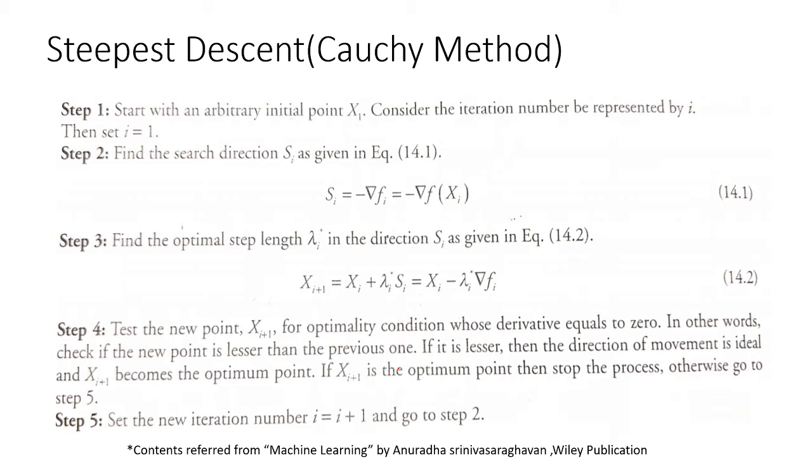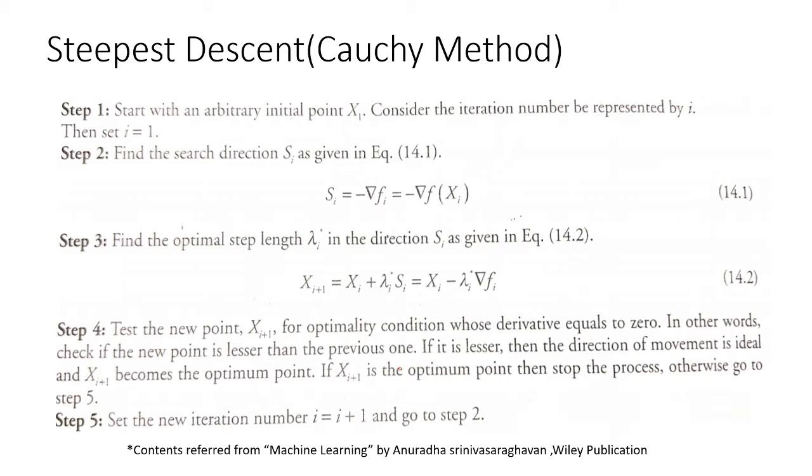The steps involved in the steepest descent, the Cauchy method, are as follows. The first thing is that we need to set an arbitrary initial point, which is capital X1, and consider the iteration number, represented by i. Initially we initialize some point, which could be (0, 0) or any numerical values, and then we set the iteration number.